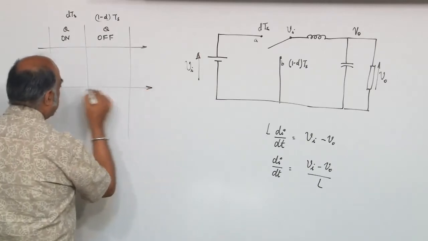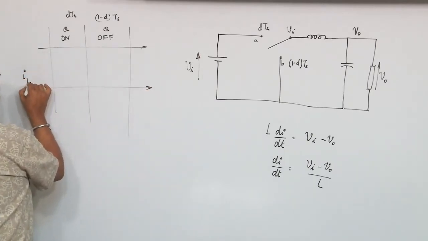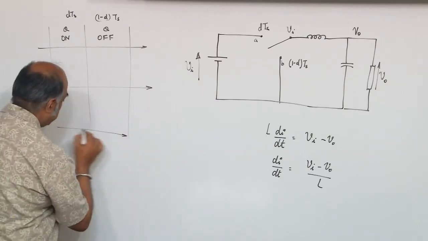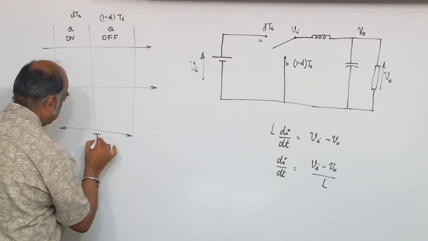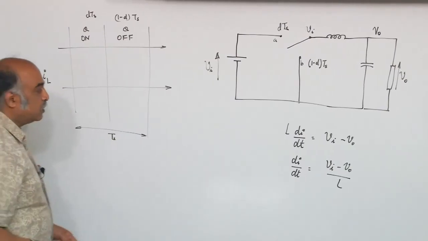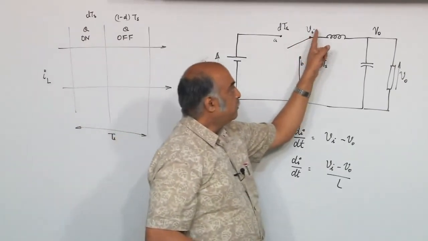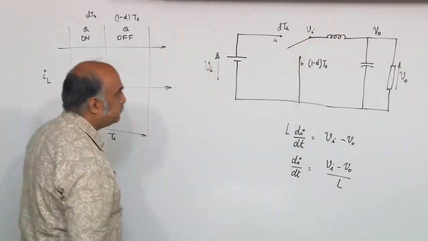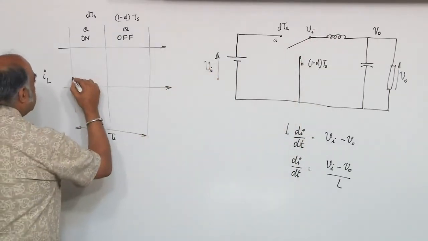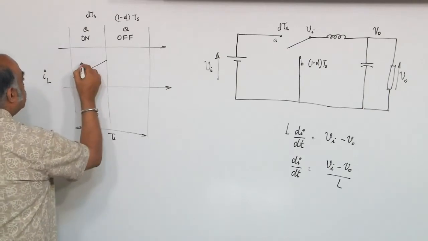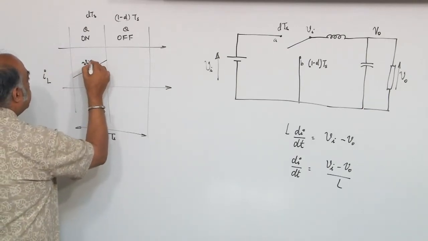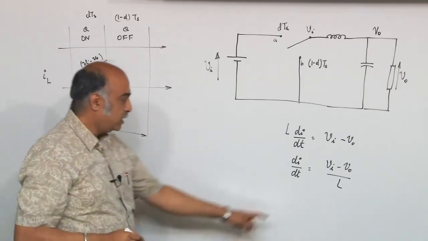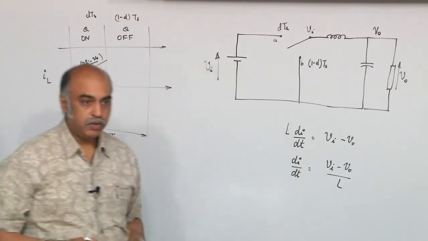If you look at the inductor current just for one switching period, this is Ts. Vi is higher than V0, so this is a positive voltage across the inductor. You will see a slope here determined by Vi, V0 and L. It is an upward slope, a positive slope.